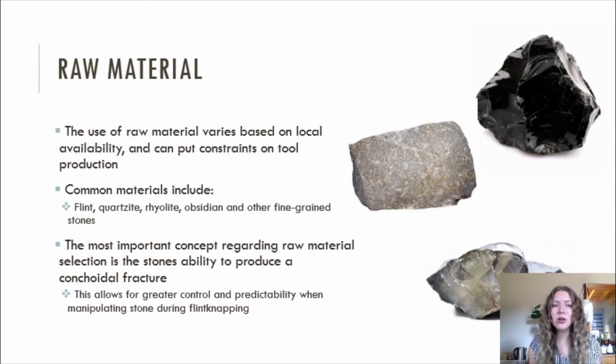Common materials generally include fine-grained materials such as flint, quartzite, rhyolite, obsidian, and other siliceous materials, with the most important attribute for selection being the ability of stone to fracture conchoidally, which allows for greater control and predictability when you're manipulating the stone during flint knapping.